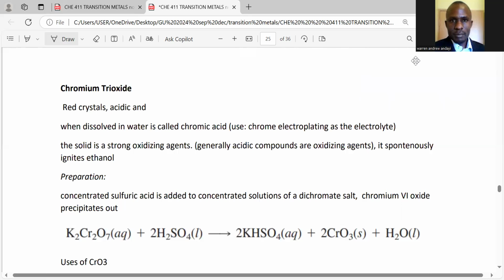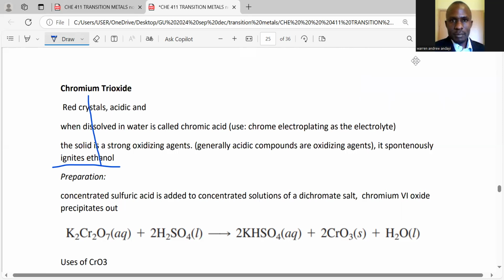The solid is a very strong oxidizing agent, and generally acidic compounds are oxidizing agents. So ordinarily when you see something very acidic, it's a very potent oxidizing agent. For that power, it also ignites ethanol very fast.